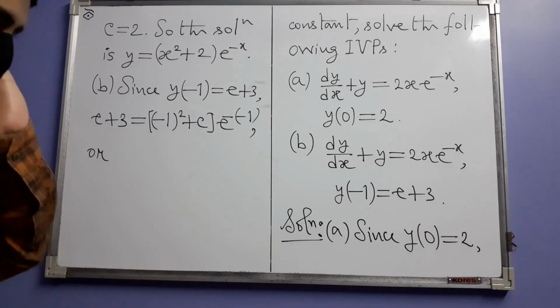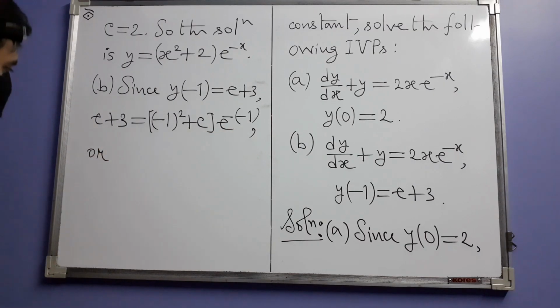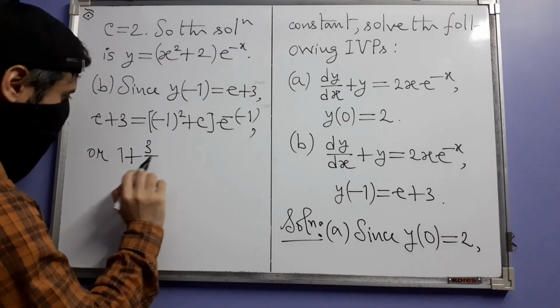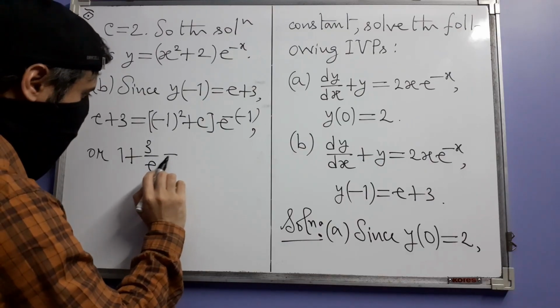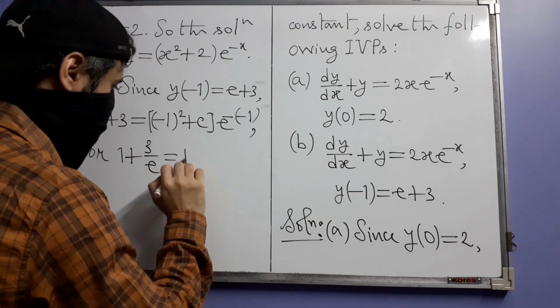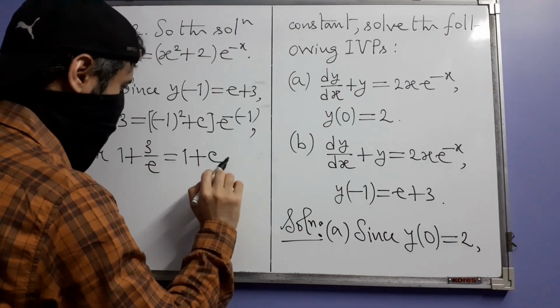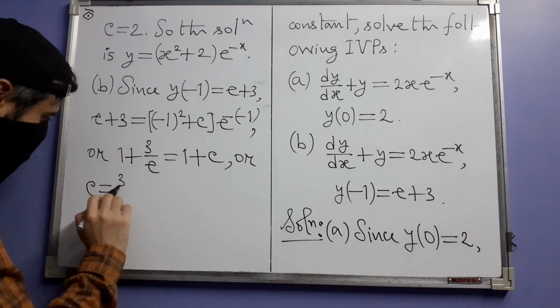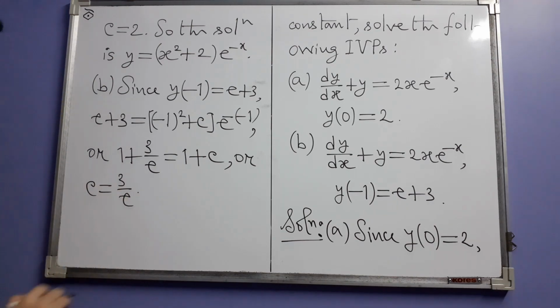Now if we divide both sides by e, then we are going to get 1 plus 3 over e, and the right hand side will be 1 plus c. So that way we get c equal to 3 over e.